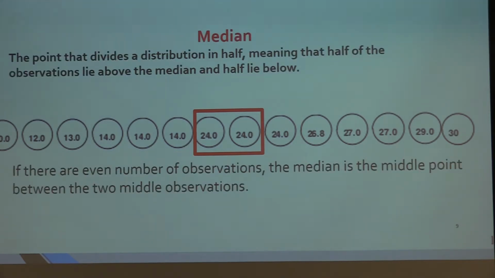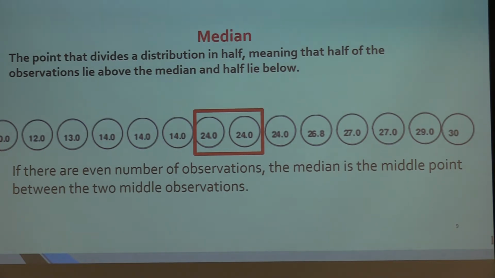Now the median. It's not very important, but at least you should know what the median is. The median is a value that divides a distribution in half, so it is in the center. Before the median you find half of the numbers, and after the median you also have half of the numbers.